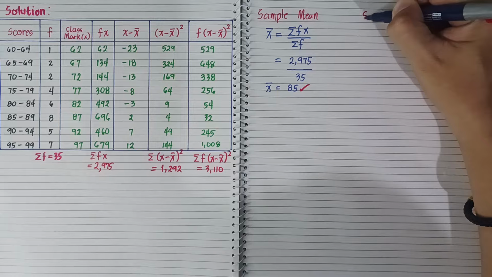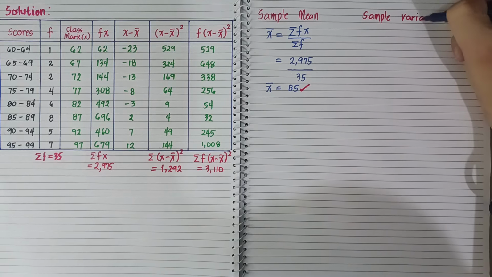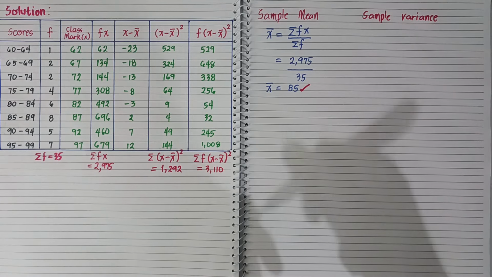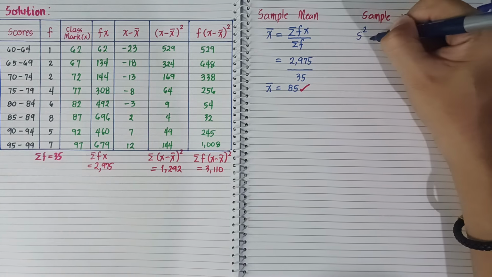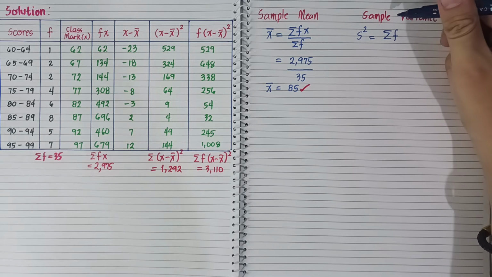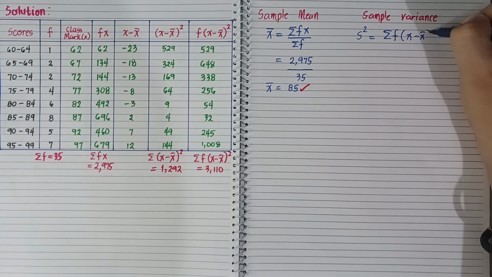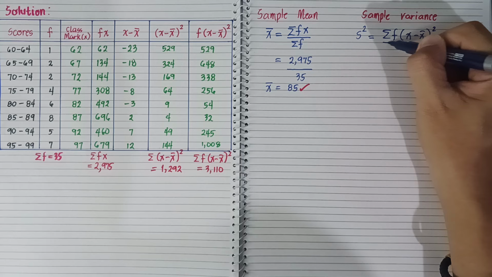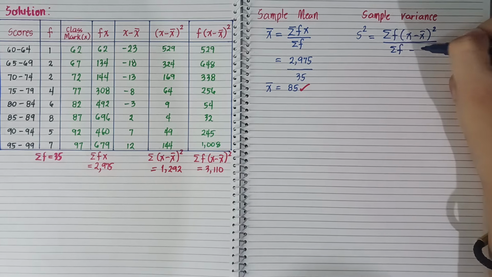So, for the sample variance, the formula is given by S squared is equal to summation of f times the quantity of x minus x bar, squared, all over summation of f minus 1.